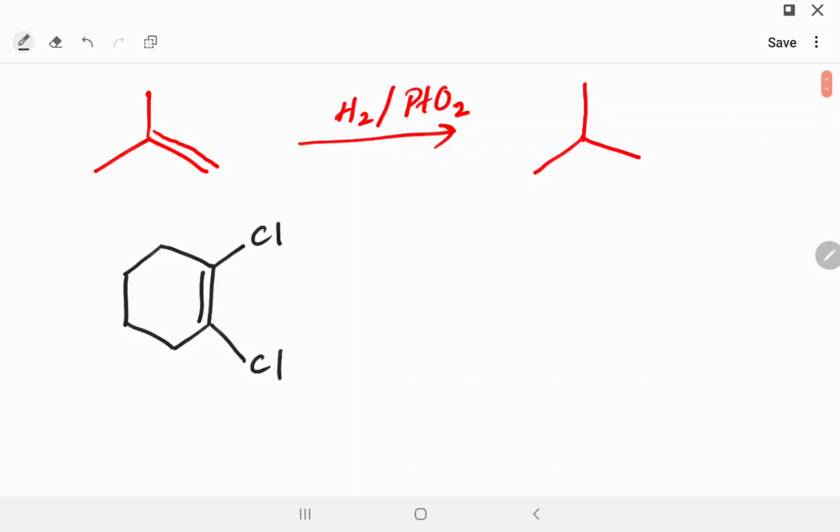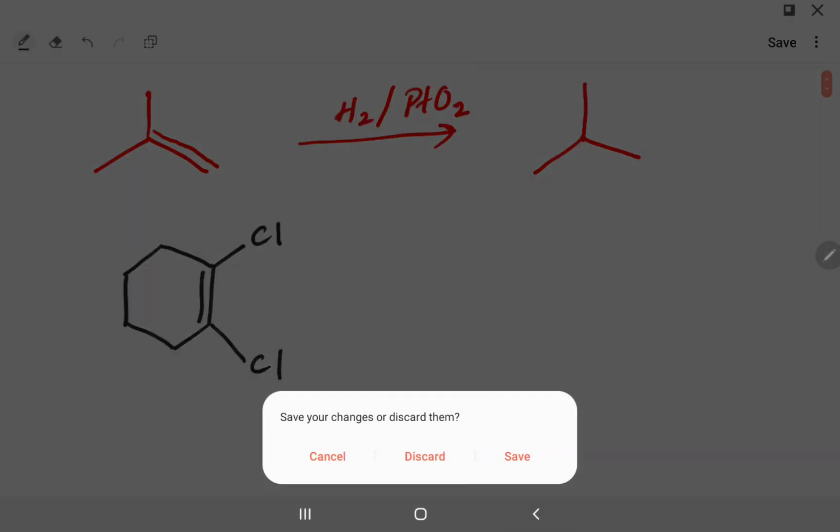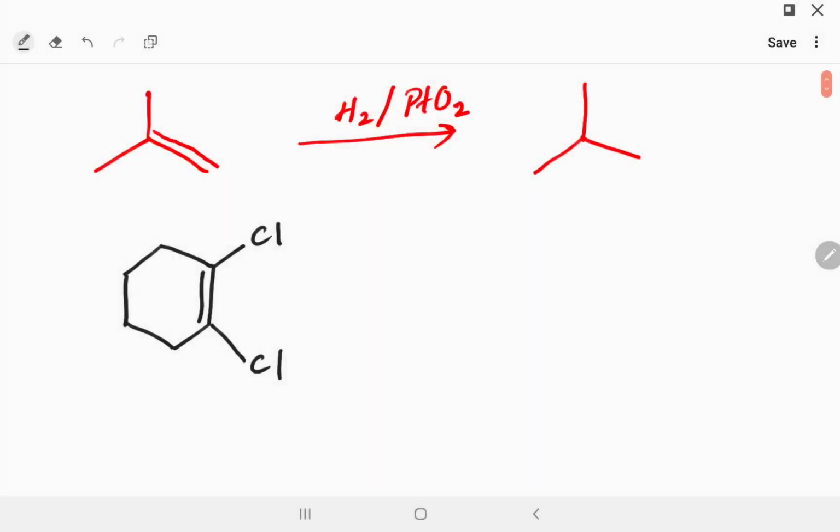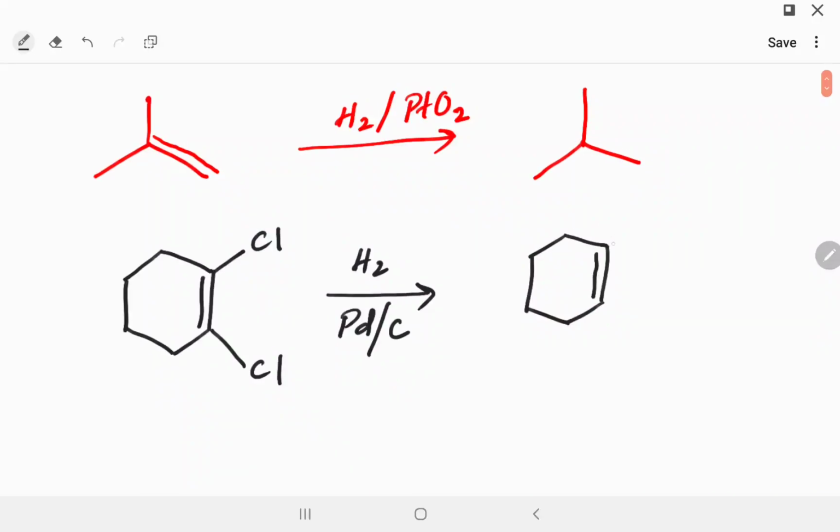If you try to hydrogenate this, you put hydrogen and let's put palladium on carbon as the catalyst. Here is the starting material, but this is a cyclic compound, a cycloalkene. So you need to worry about the stereochemistry.